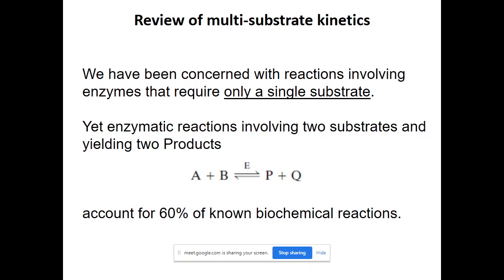When we talked about the uni-substrate, what does it mean? Uni refers to single substrate.